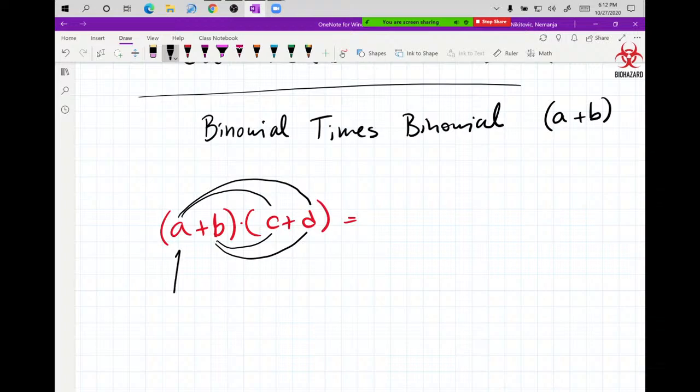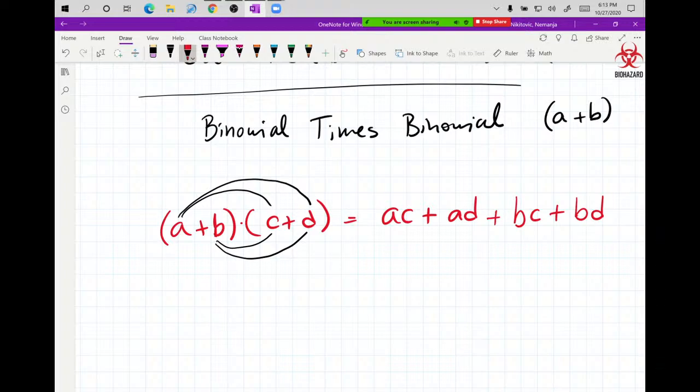You go with the first one and do the distribution, which means first multiplies into both of the second parenthesis, and then you go to the second one, b, which multiplies into each one of those. So now when I distribute a, I get ac plus ad. And then I'm distributing b, I get bc plus bd.